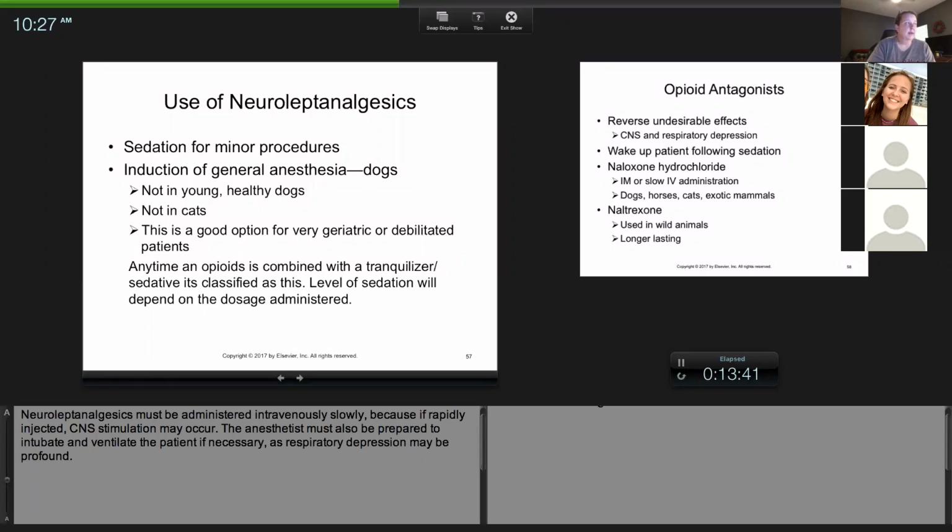I will say with these patients, you always have to be cautious because they are very sound sensitive, especially on pure agonists like hydromorphone, oxymorphone. We used to sometimes during induction, like while we were putting in their catheter, put cotton in their ears.